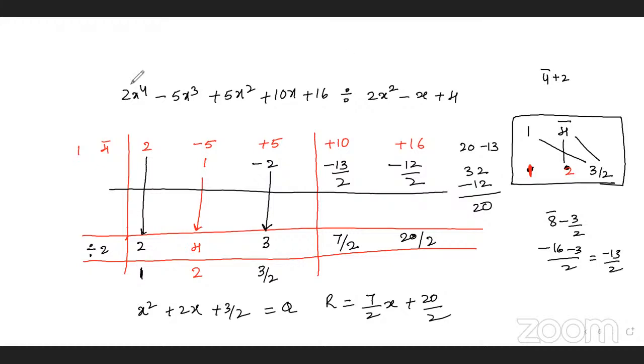Now let us see conventional mathematics versus Vedic maths. Right. Now see, let me take a simple example. Suppose 8x cube plus 3x square plus 2x plus 4 divided by x minus 2.